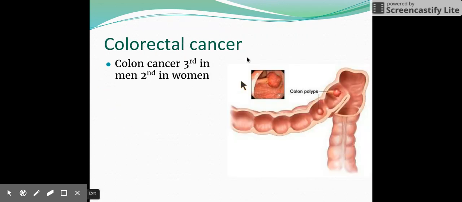Now, colorectal cancer. Colon cancer, which is another name for colorectal cancer, is the third most dangerous cancer in men and the second most dangerous cancer in women. And it has nothing to do with treatability. Colon cancer, especially in early stages, is very treatable.